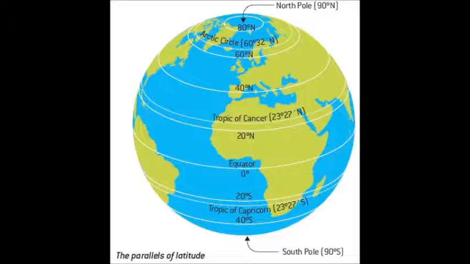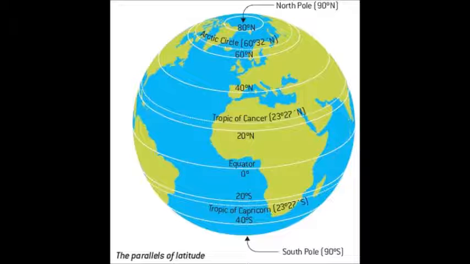Above the equator, the line is depicted by 15 degrees north and the line below the equator is depicted by 15 degrees south. Similarly, as you keep on going above the line of equator, you can see the lines which are depicted by 15 degrees north, 30 degrees north, 45 degrees north, 60 degrees north, 75 degrees north, and so on.